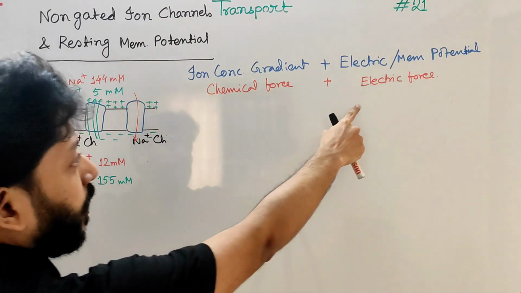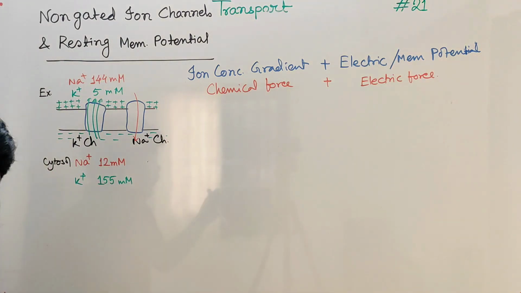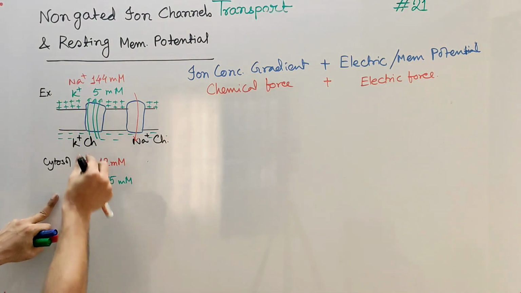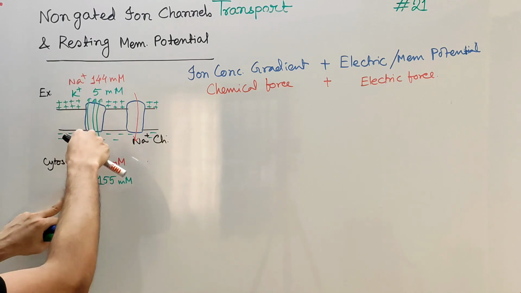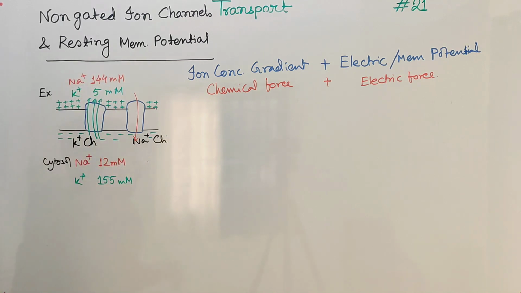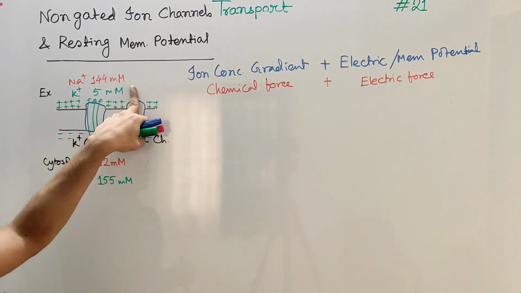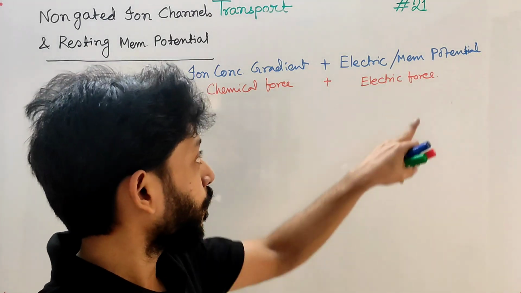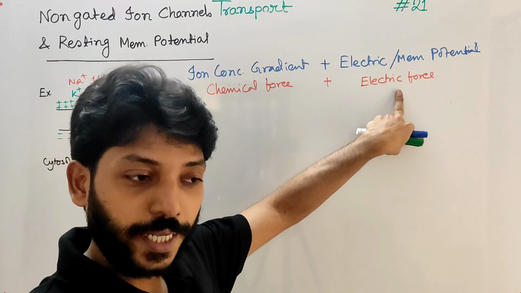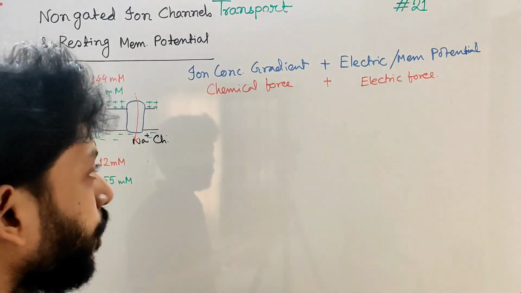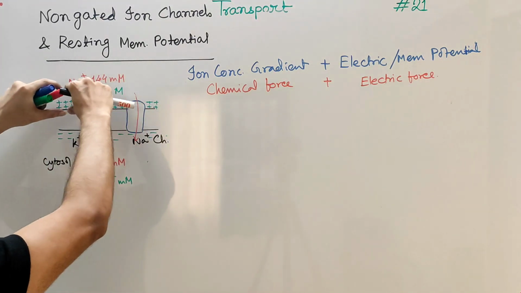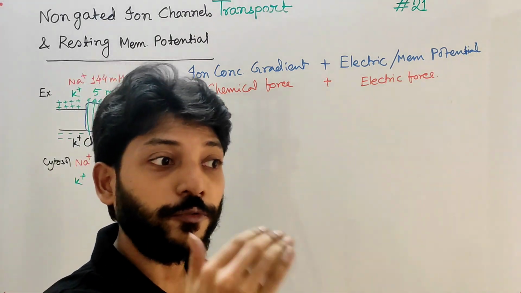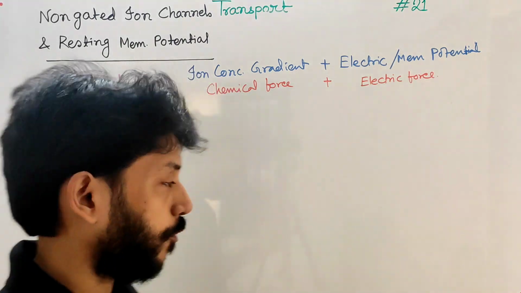Now the second point comes: the electric force, or membrane potential. When the concentration difference is present, the open channels will export more potassium from inside to the outside, because inside is higher concentration and outside is lower concentration. But at some value of this membrane potential, as more potassium ions accumulate in the exterior, that will repel further movement of potassium from these channels.